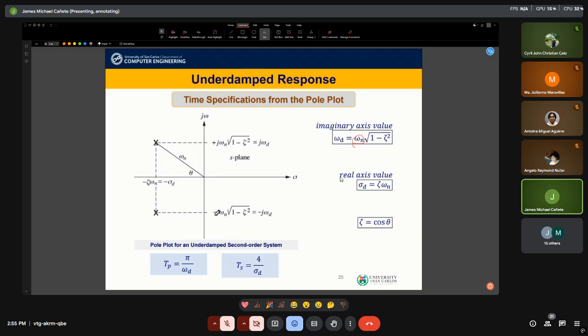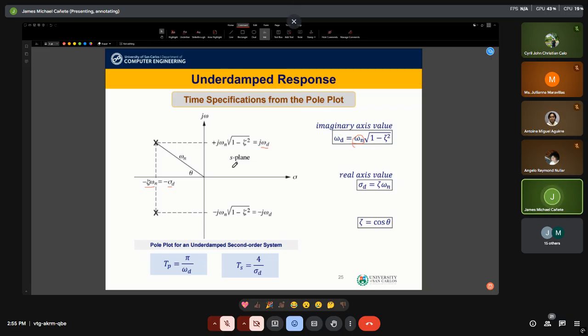The real value on this axis is equal to negative zeta omega n. In other words, sigma sub d is equal to zeta times omega sub n. And omega sub d, the imaginary value of our poles, is equal to omega sub n times the square root of 1 minus zeta squared.